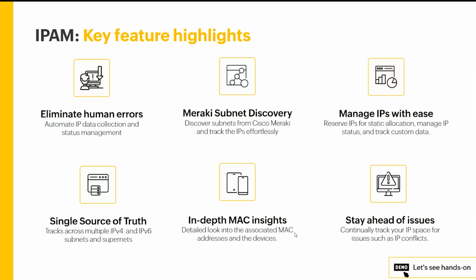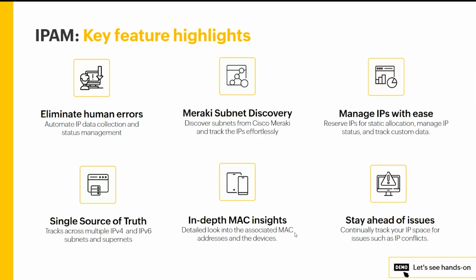Subnet discovery from Cisco Meraki is another added capability in OpUtils, allowing OpUtils to automatically detect and import Meraki subnet details, keeping them updated in real time without manual configuration. Another benefit of this automation is that it gives you a single source of truth.